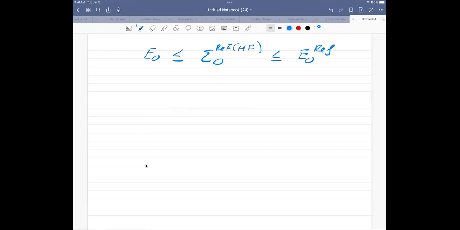So from now on, my reference energy is E0 ref. In most of the applications which we're going to run in this course, I'm simply going to label that one as my reference energy. So that means that by assumption, I have performed the Hartree-Fock calculation. This is a basic assumption which is often made in many-body physics.